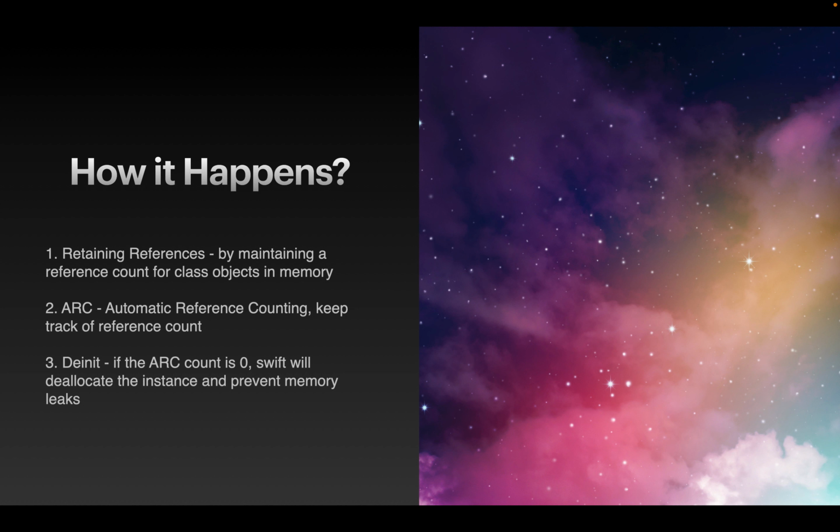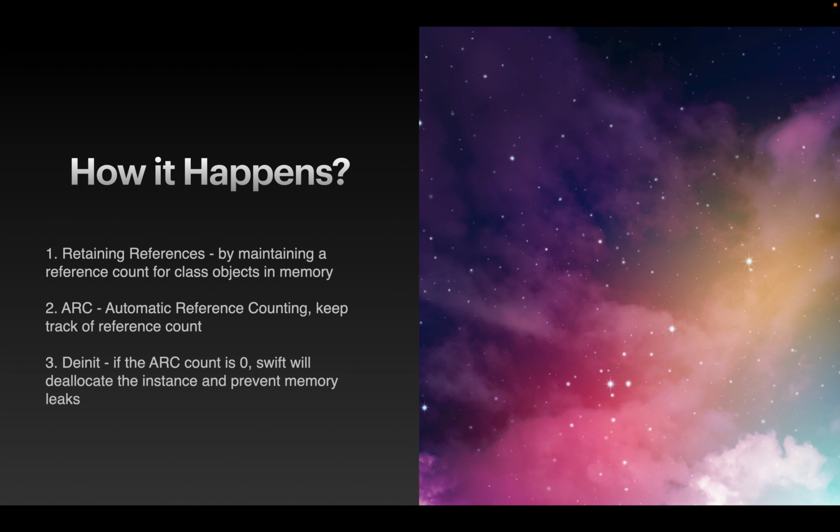We all know about deinit. For creating an instance we use init, and likewise, for deallocating an instance we use deinit. If the ARC count is 0, Swift will deallocate the instance and prevent memory leaks.